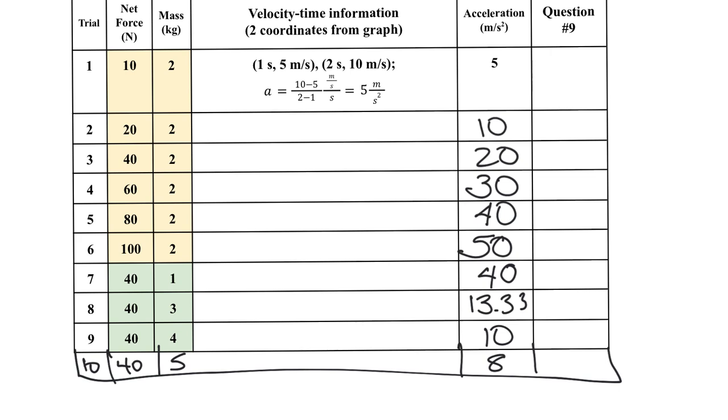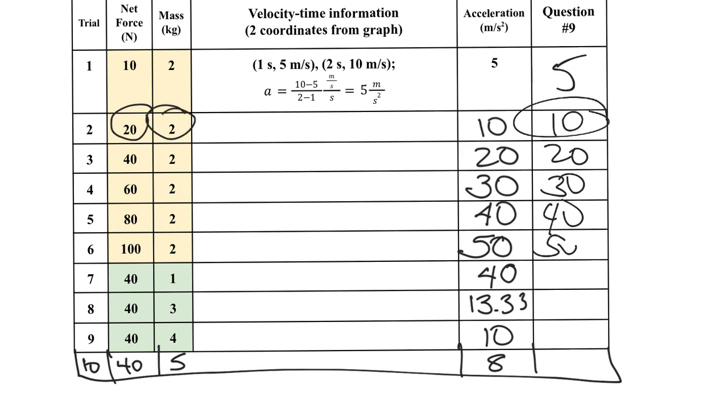You noticed when you did question 9, right, that these were all the same, right? When you look at the net force divided by the mass, you get that. I'm sure as you were doing question 9, you didn't actually do all those calculations.